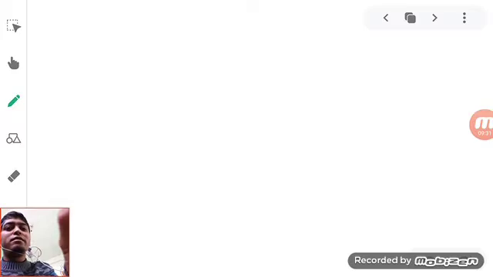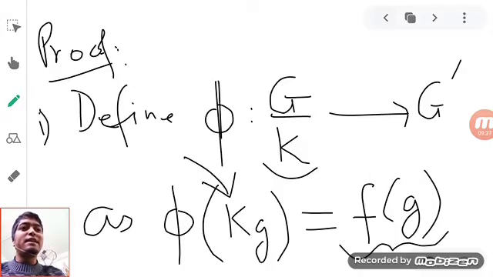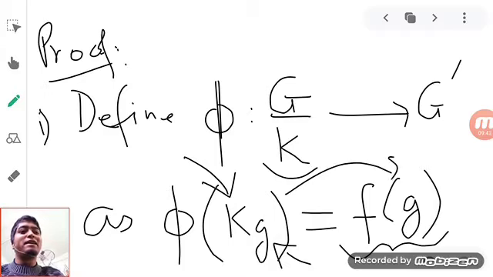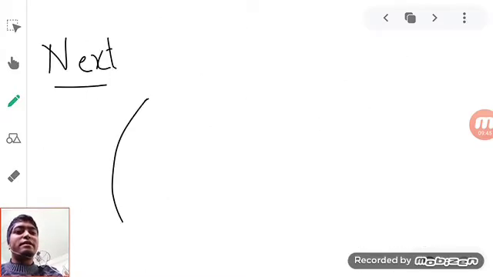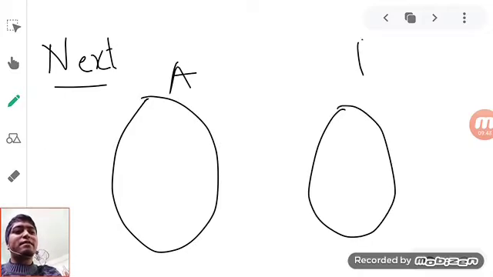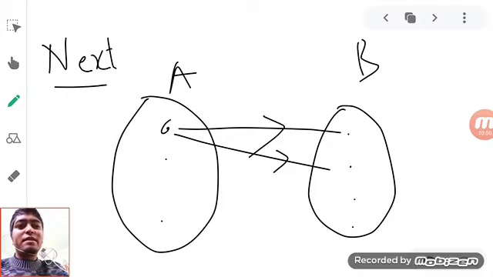Next, what do we need to do in well-defined is we have to be guaranteed that a single element will go to a single element. Remember when you were doing functions, if A is a set, B is a set, suppose you have 3 elements, you have 4 elements, this cannot be a function. It is not a function because this element is going to two elements. This cannot happen.